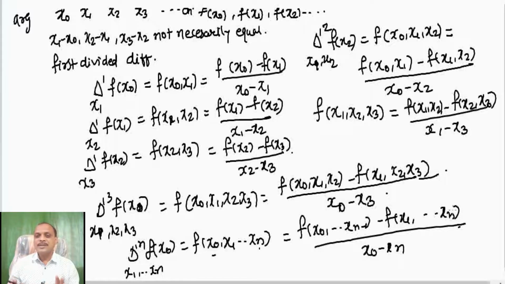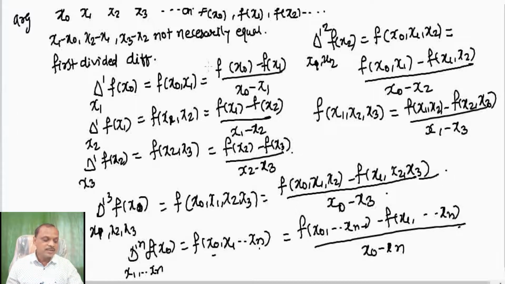If we choose x1 and x2, then it is f of x1 minus f of x2 divided by x1 minus x2. Similarly, for second divided differences we need 3 points x0, x1 and x2, and the differences of the first divided differences. In this manner we can find the divided differences.